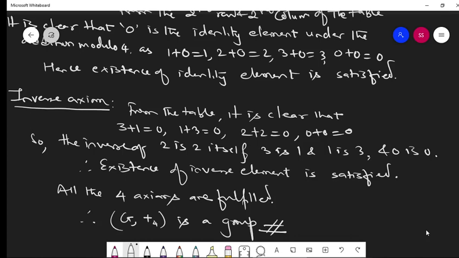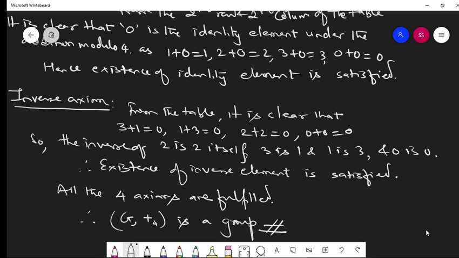We see that the product, that is the operation cross 4, the product of any two elements of G under the multiplication modulo 4 is also in G, hence satisfied.